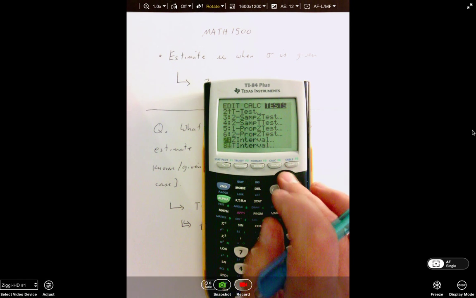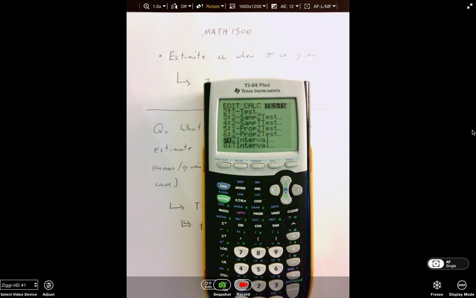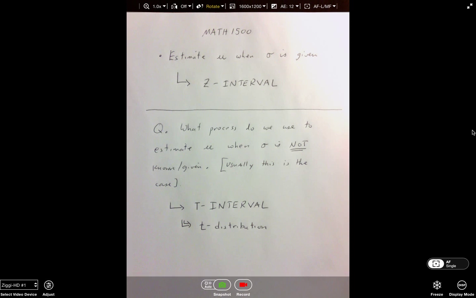You can tell if you're in the right place by understanding the notation: sigma stands for the population standard deviation, while Sx is the sample standard deviation. If you have the standard deviation for your entire population, you use Z techniques. If you have the standard deviation just for the sample you're analyzing, you use T techniques.